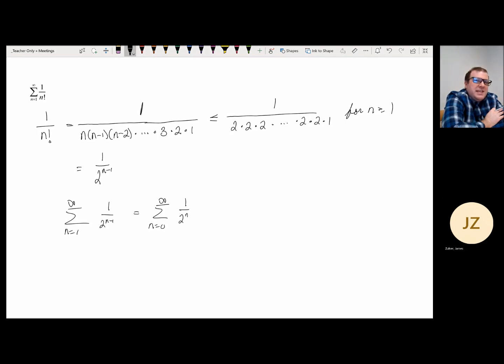All we did was shift the index. What kind of series is that? Does it converge or diverge? Why? What's r? r is a half, right? Absolute value of a half less than 1 converges.